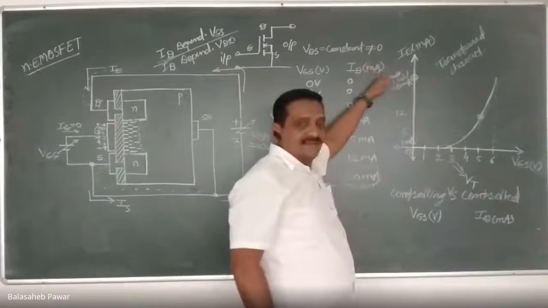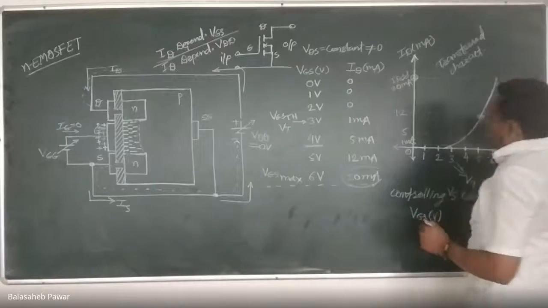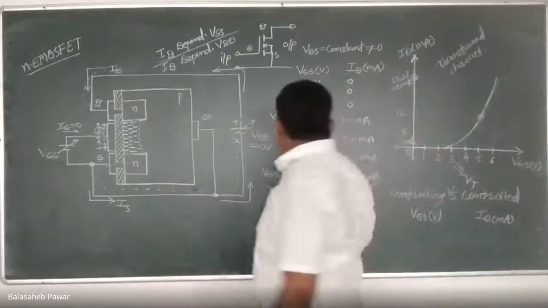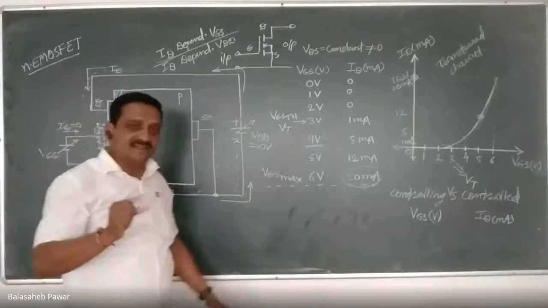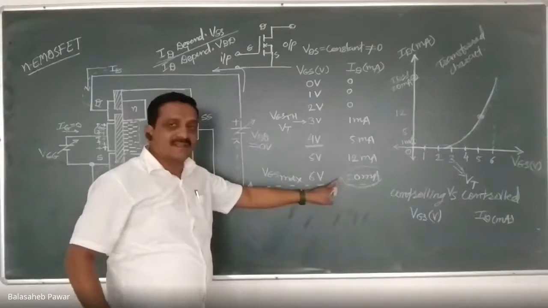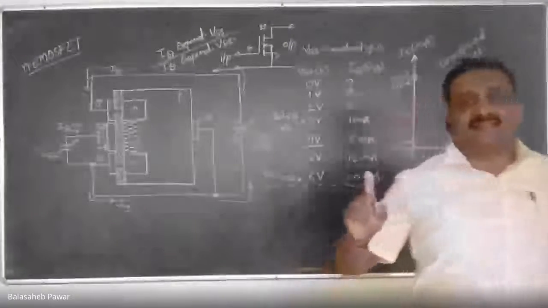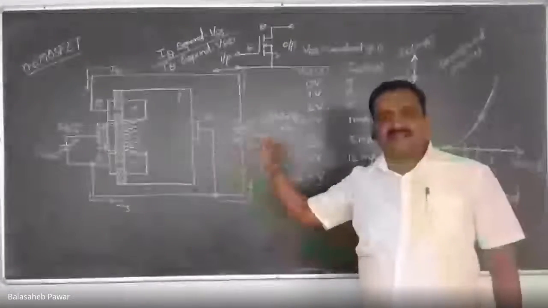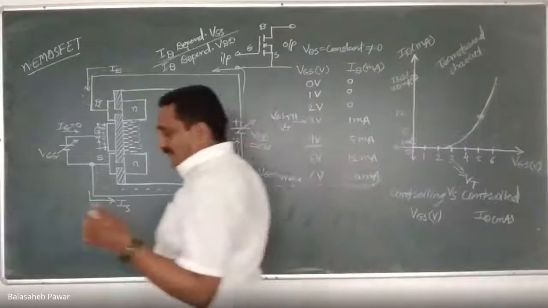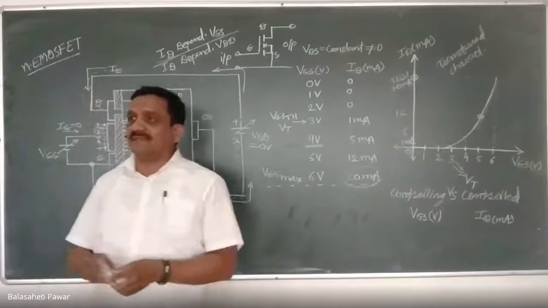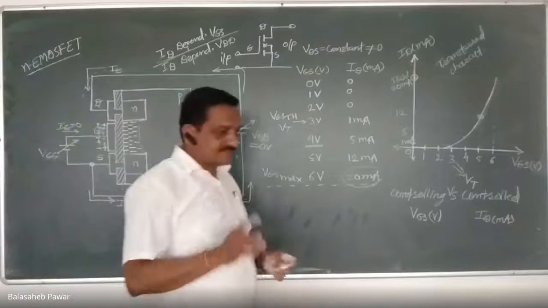Again, you will observe this characteristic is not linear. Even if we increase the voltage with a constant step size, the increase in current is not with a constant step size. And that's why this device is also known as a non-linear device, which you have to remember. During our prerequisite also, we saw that the diode was a non-linear device.